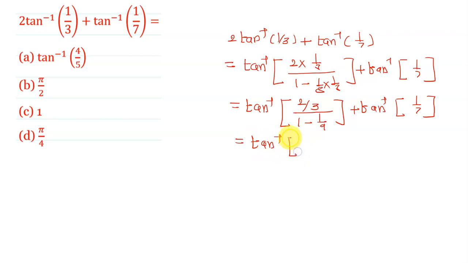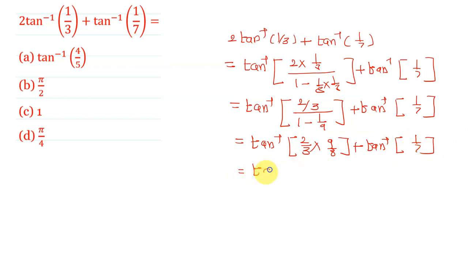tan inverse of 2 by 3 upon 8 upon 9 means what? 9 upon 8, plus tan inverse of 1 upon 7.